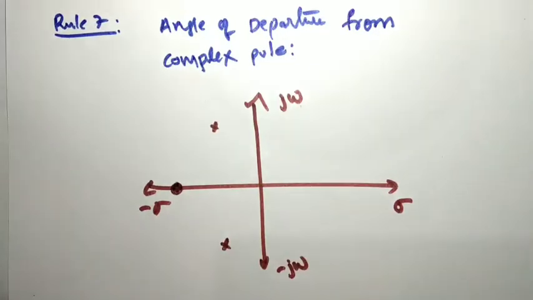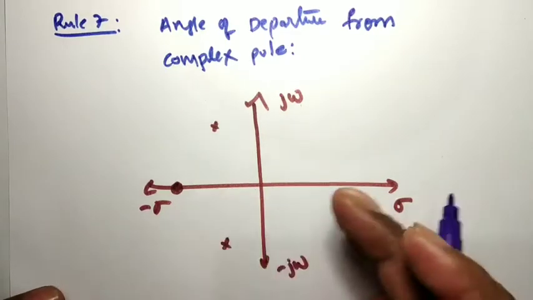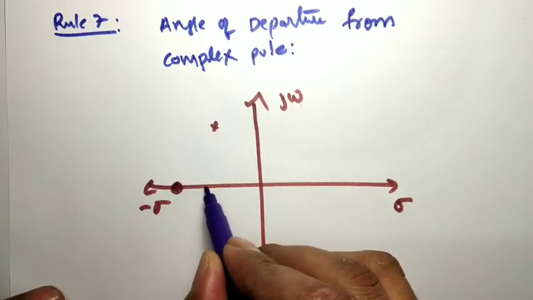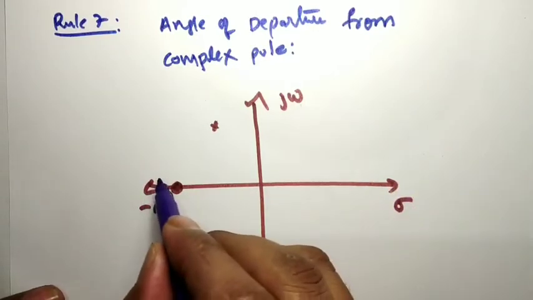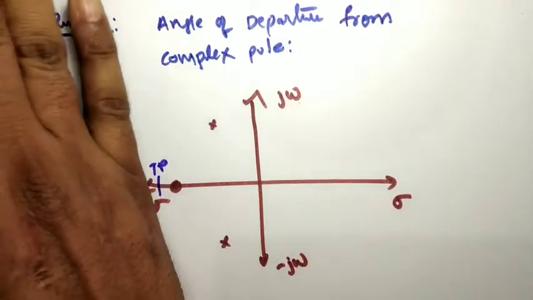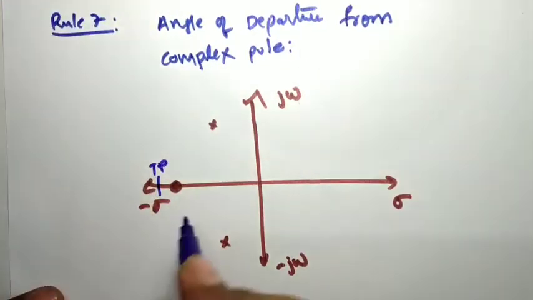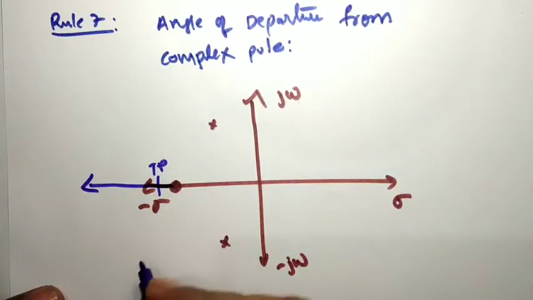As the k value increases, if we want to know the root locus path, take a test point here. The sum of poles and zeros to the right is even, so this entire path is not part of the root locus. If you take a test point here, the number of poles and zeros is 1, so this entire portion is root locus.